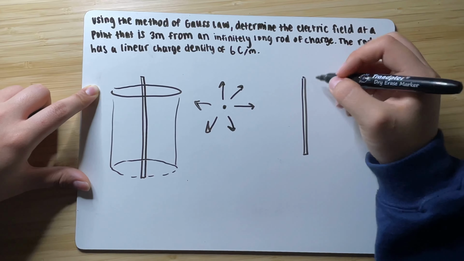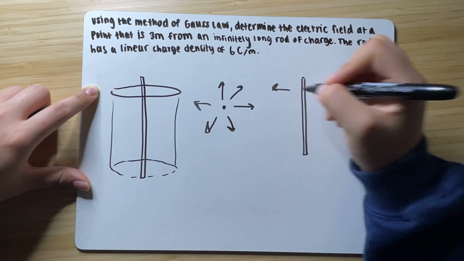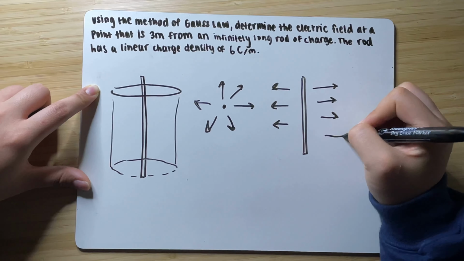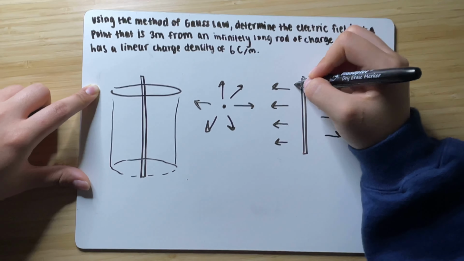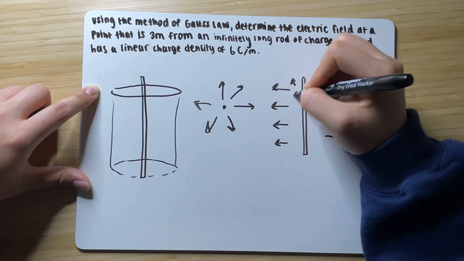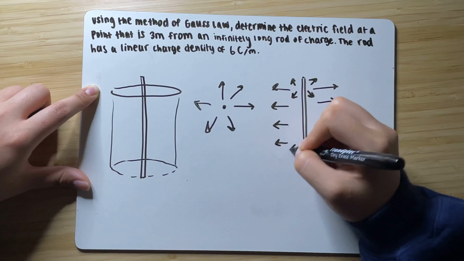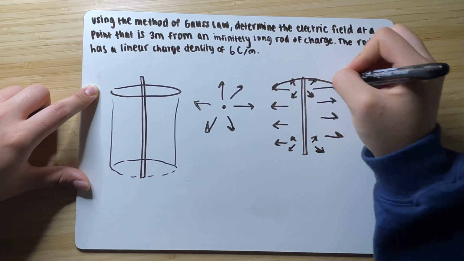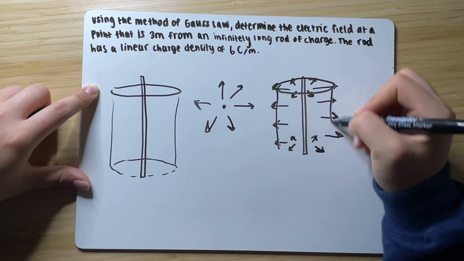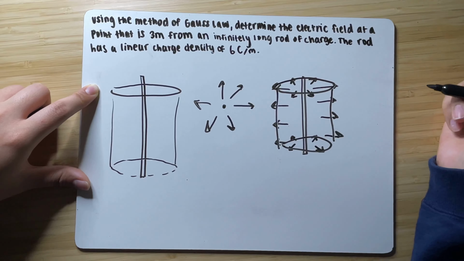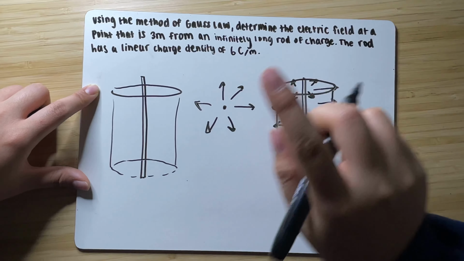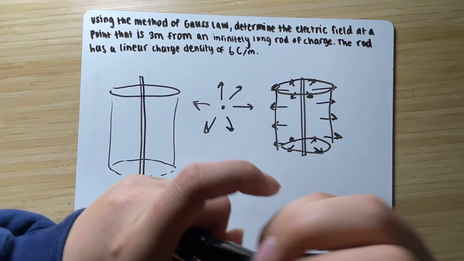So if you have a rod, it's going to go out from top to bottom too, but it's going to go outwards this way as well. And do you see how this is very similar to a cylinder? Because of this, we can use this cylinder as our Gaussian shape.